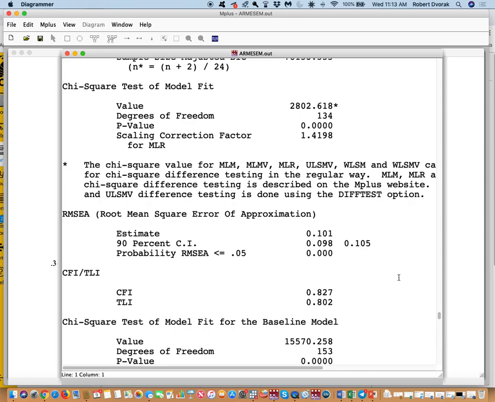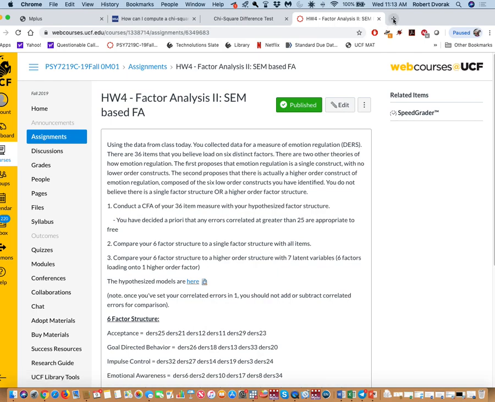Somebody want to write that down? 1855.468. And what were our degrees of freedom before? 131. So a degrees of freedom difference of 3. I wonder if those will be significant.